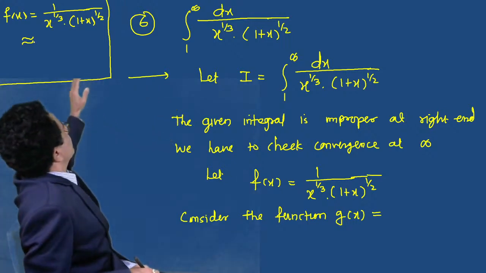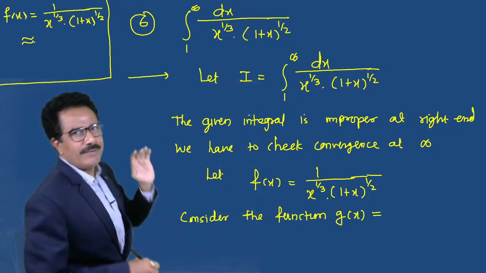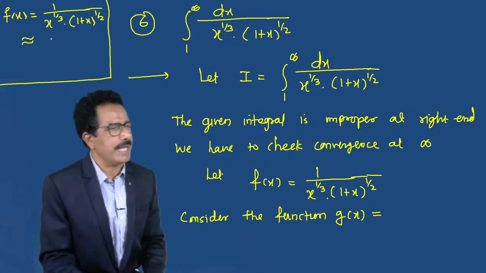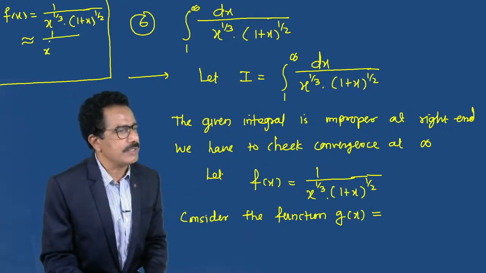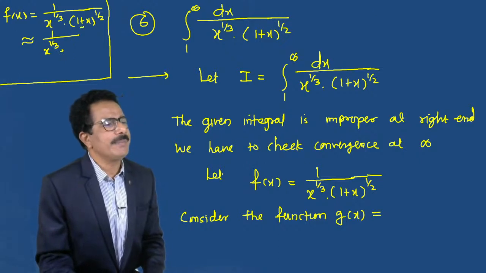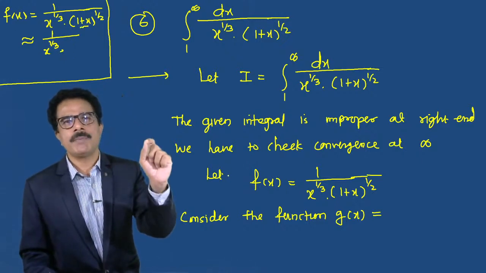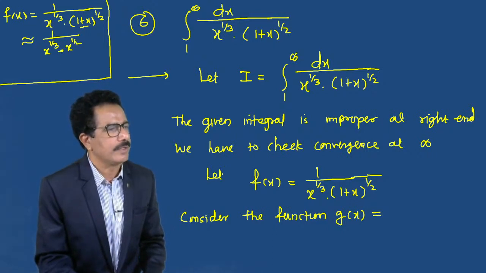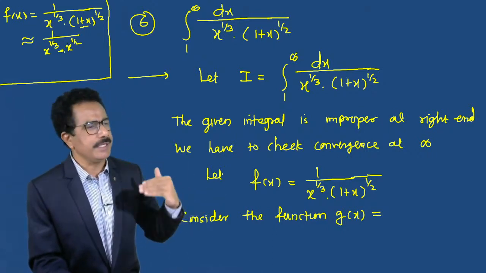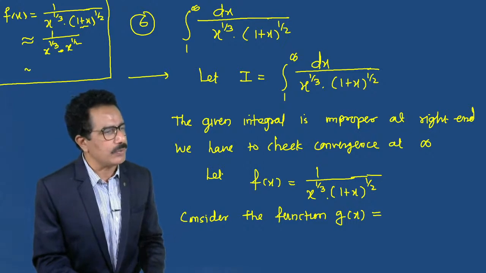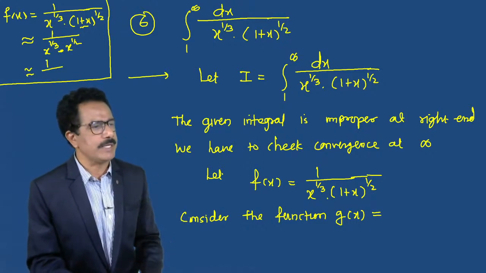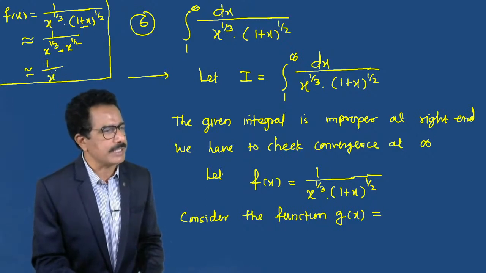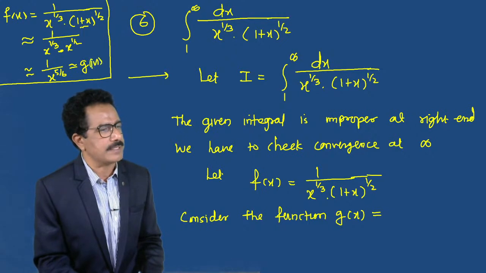We have to take the equivalent function or same behavior function. Here x raised to 1 by 3, and 1 plus x is considered as x, meaning x raised to 1 by 2. x raised to 1 by 3 into x raised to 1 by 2 is x raised to 1 by 3 plus 1 by 2, that is 5 by 6, x raised to 5 by 6. Consider this as g of x.